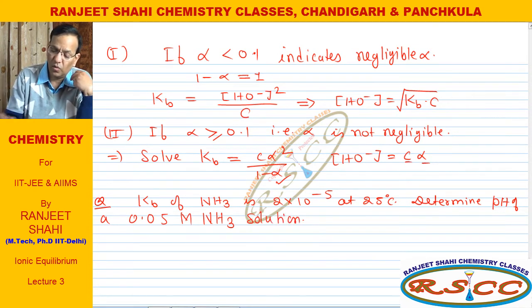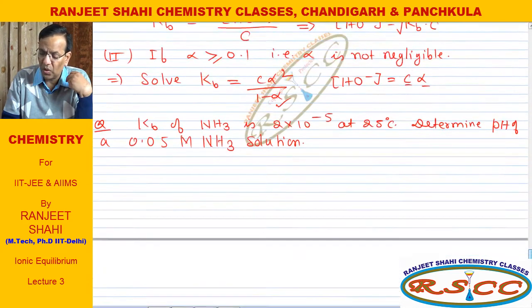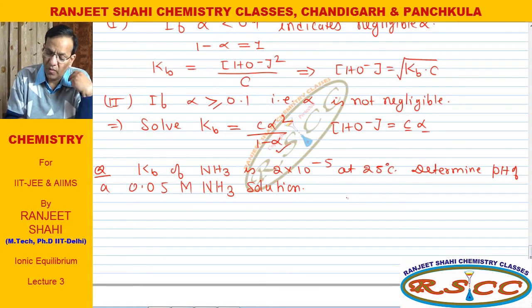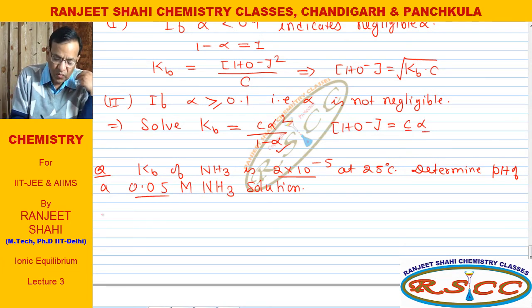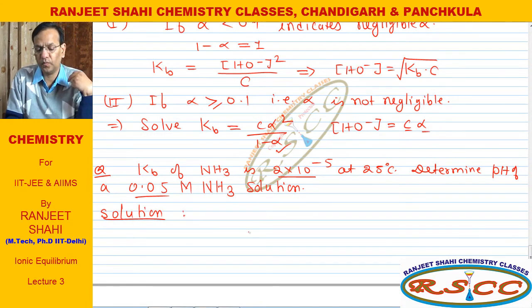Now we have the Kb value, we have the concentration of base. So both Kb and concentration are known, so we can check for alpha.